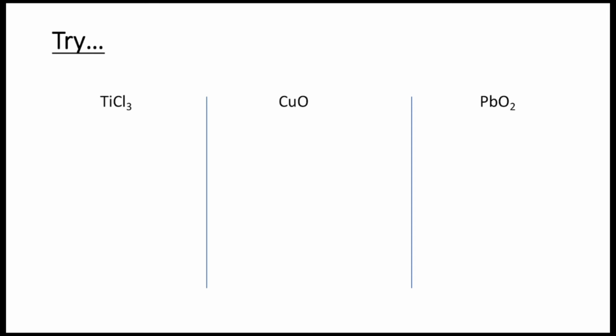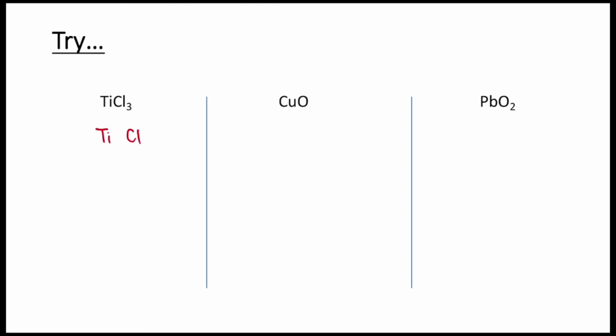So we have a compound that is made of Ti, which is titanium, and Cl is chloride. So this is an example using the crisscross method. So I'm going to write the ions below. So Ti for titanium, Cl for chloride or chlorine.